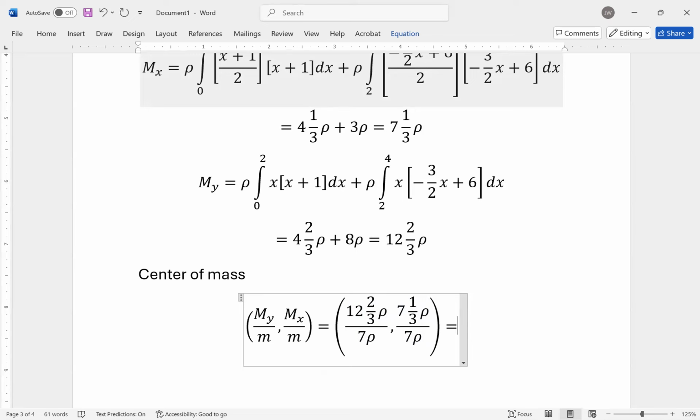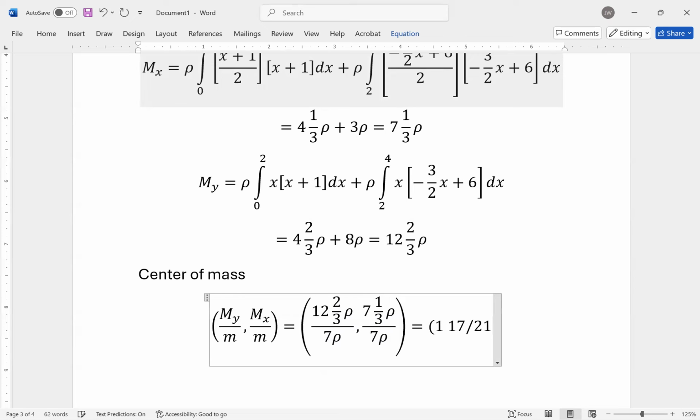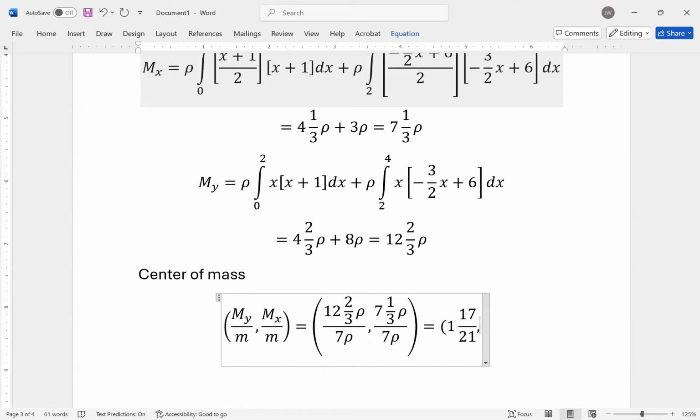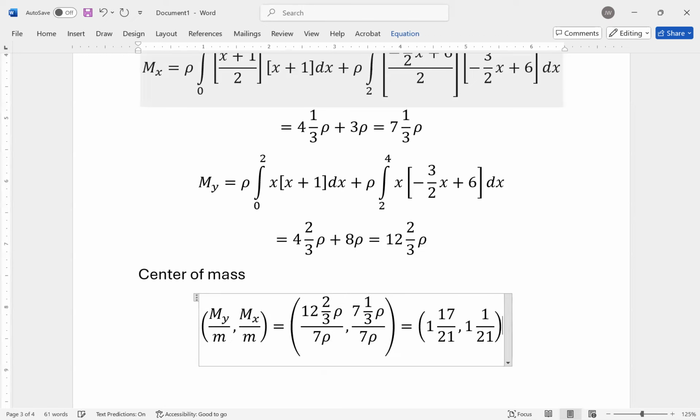We can simplify that pretty easily. 12 and 2/3 divided by 7, the rhos cancel out, and what you get is 1 and 17/21 as the x value, and then 7 and 1/3 divided by 7 becomes, once again, something over 21, 1 and 1/21. So that's what you get.